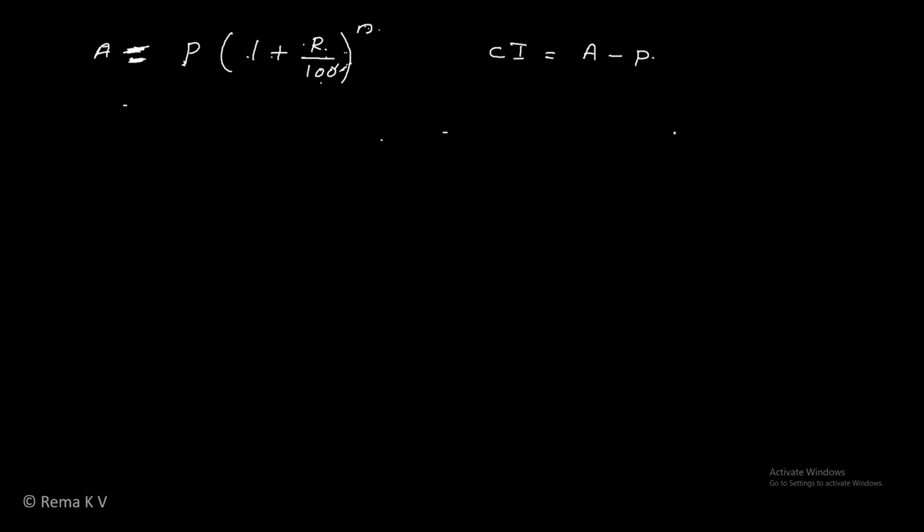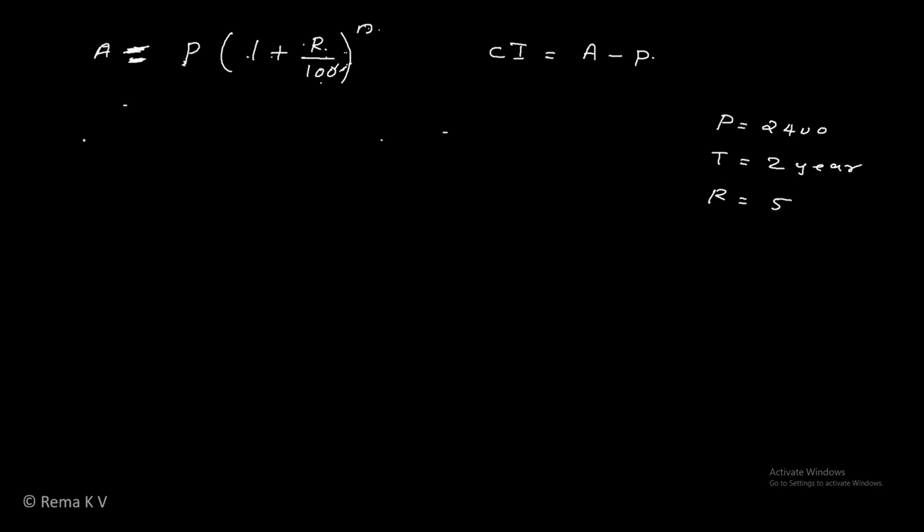So let us see here. The question given to us is P is given as 2400, time T is given as 2 years, then rate is given as 5%.